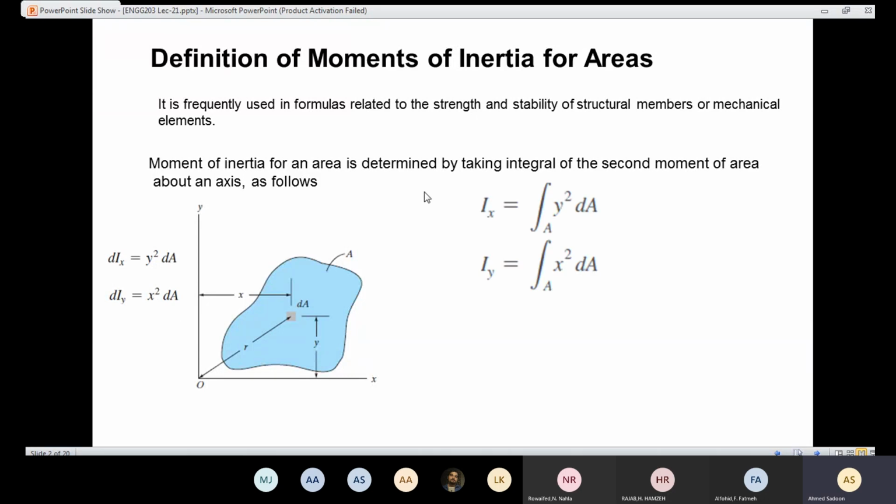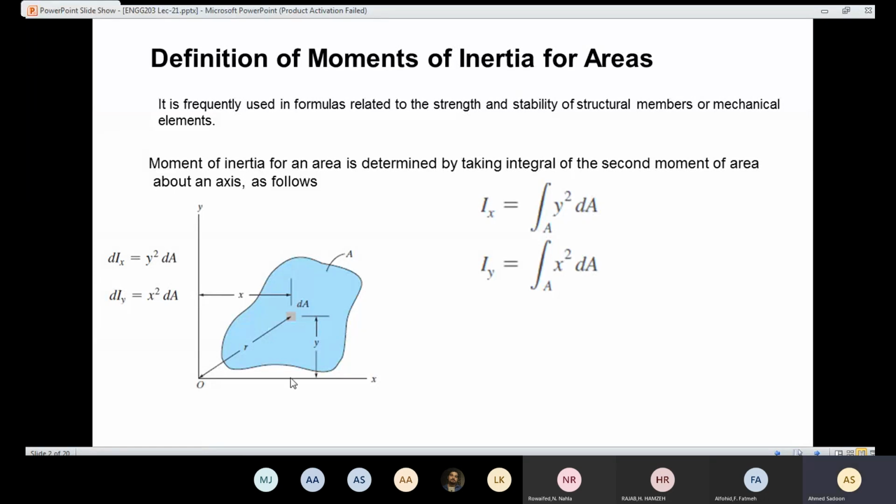So the moment of inertia about the x-axis for that area is the integration of y squared dA. Similarly, the moment of inertia about y for that area is the integration of x squared, this distance, times dA.